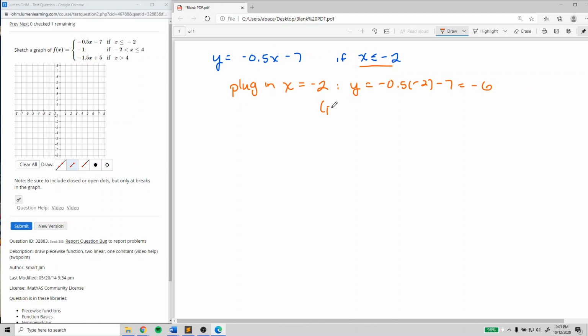So I want to plot the point (negative 2, negative 6).